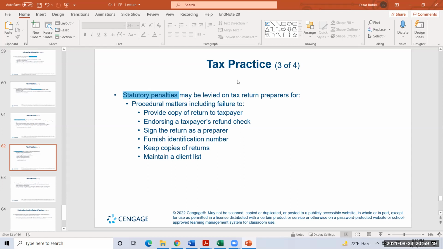Some of the other penalties that the tax preparer will get is if they don't provide a copy of the return to the taxpayer, or if they're endorsing a refund check. So if you're getting a refund and you have a check and your tax preparer says, well, give me that check, just endorse it and give it to me, that's a problem. They'll get penalized.